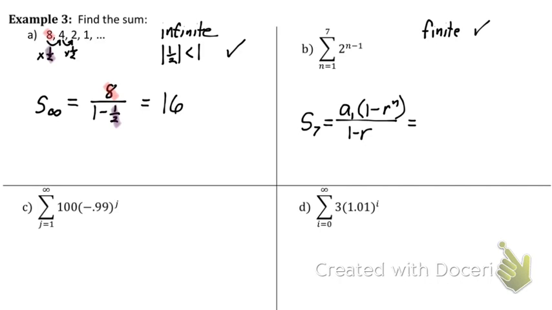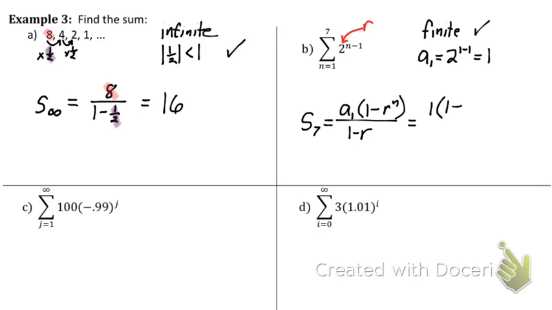So let's go ahead and plug that information in. I need to find my a sub 1, so let's go ahead and do that. A sub 1 equals 2 to the 1 minus 1, which equals 1, so we got that. I have 1 minus my r value, which is always the base of my exponential function. So it's going to be that 2 right there. So this is my r value right here.